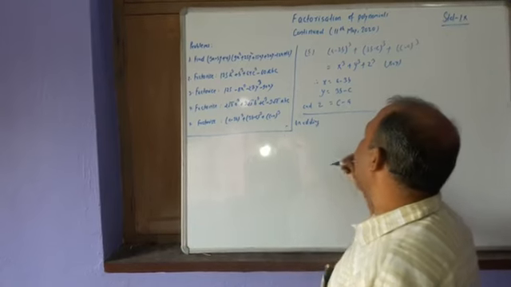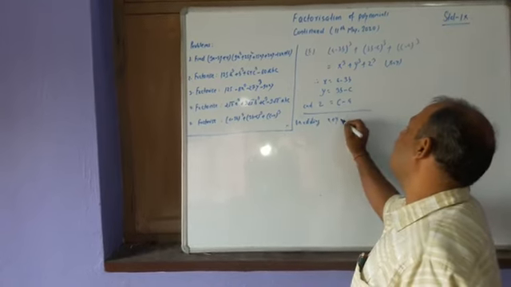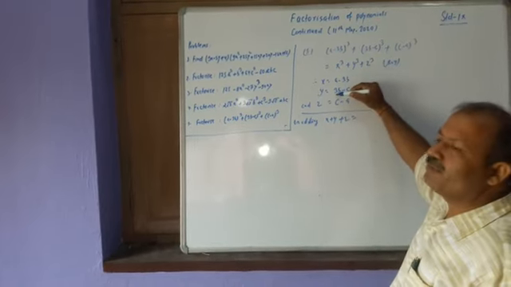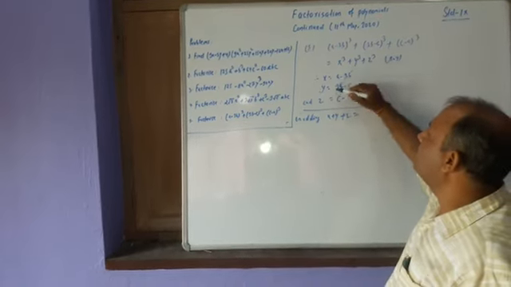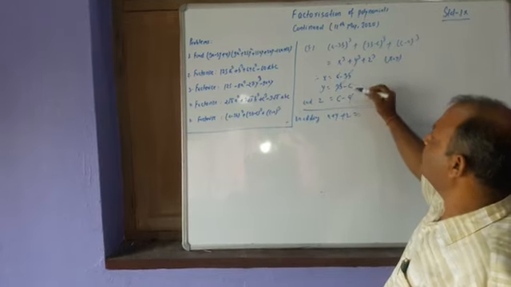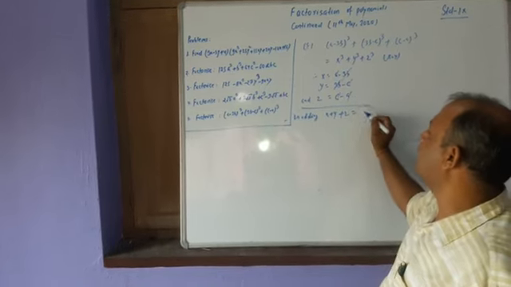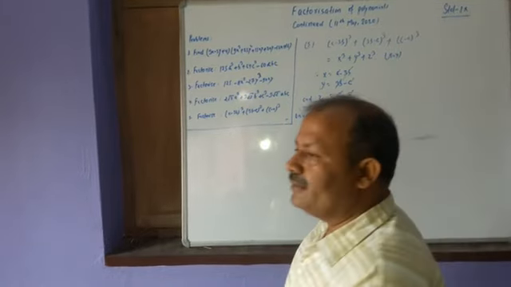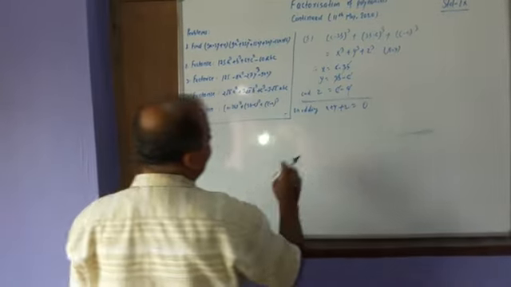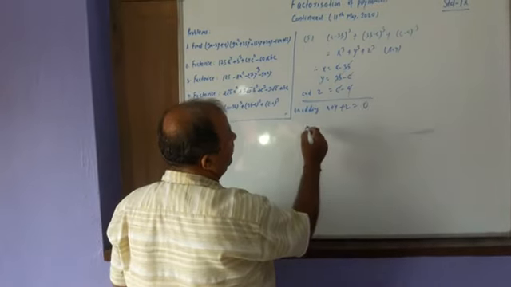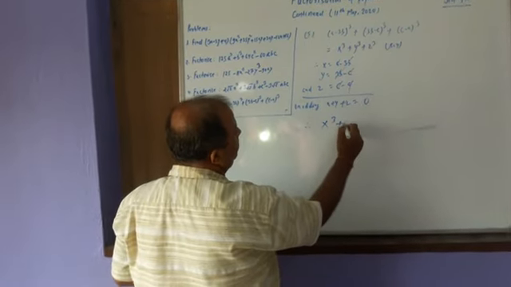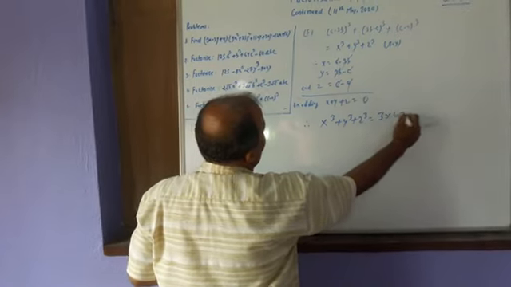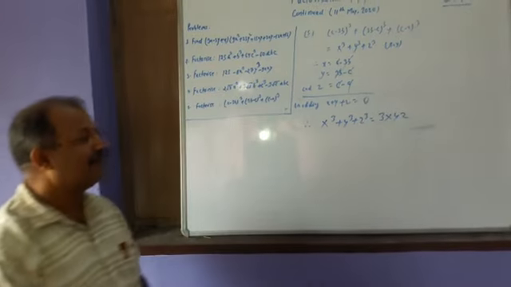When we add x plus y plus z, we get a minus 3b plus 3b minus c plus c minus a, where 3b cancels, c cancels, a cancels. This will give 0. In the previous identity, we have learned that if x plus y plus z is equal to 0, then x cube plus y cube plus z cube is equal to 3xyz.